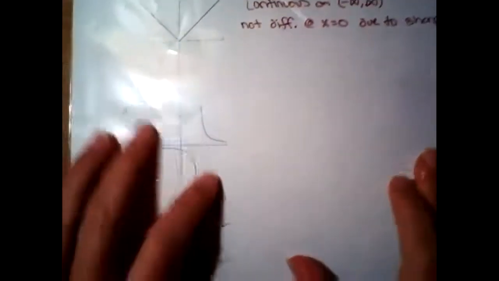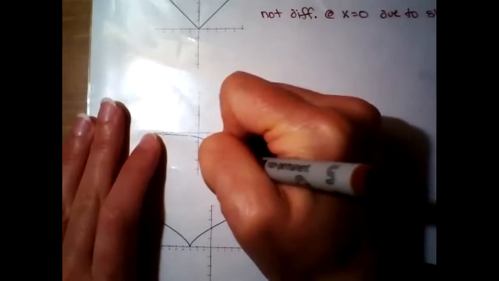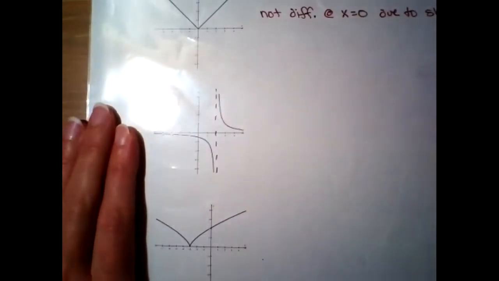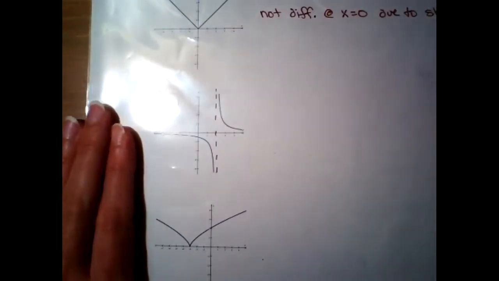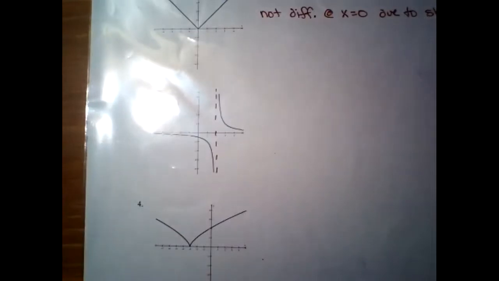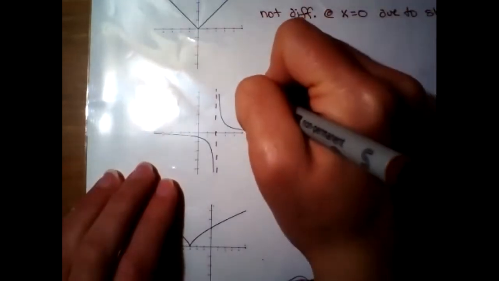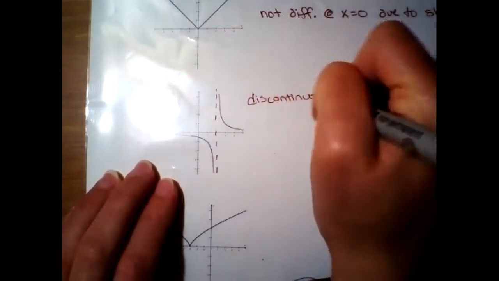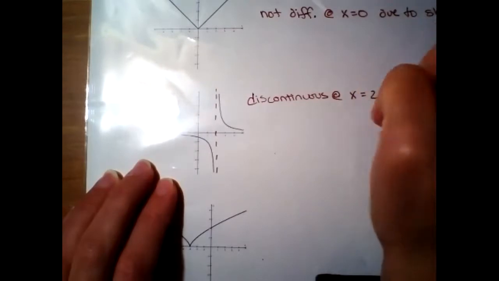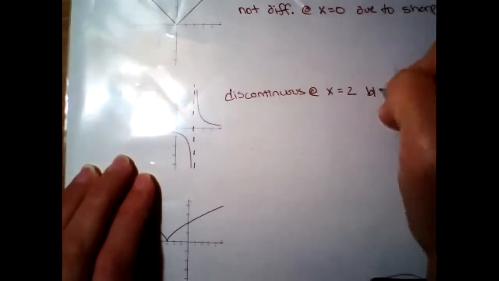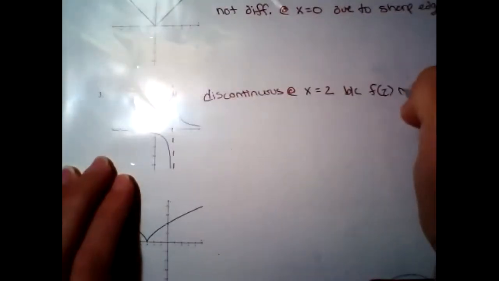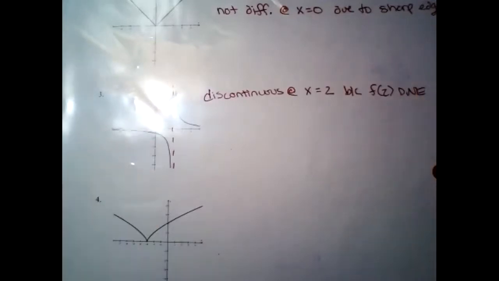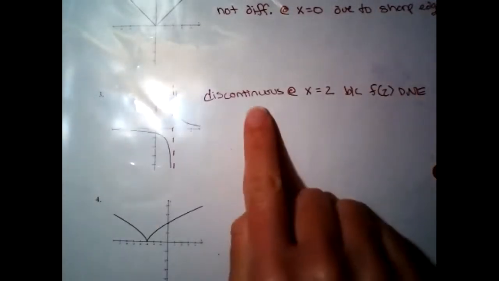All right, number 3, we have an asymptote at 2. So is this function continuous? Good, no. We are discontinuous at x equals 2 because f of 2 does not exist. We don't have a point at 2. Remember your rules for continuity.